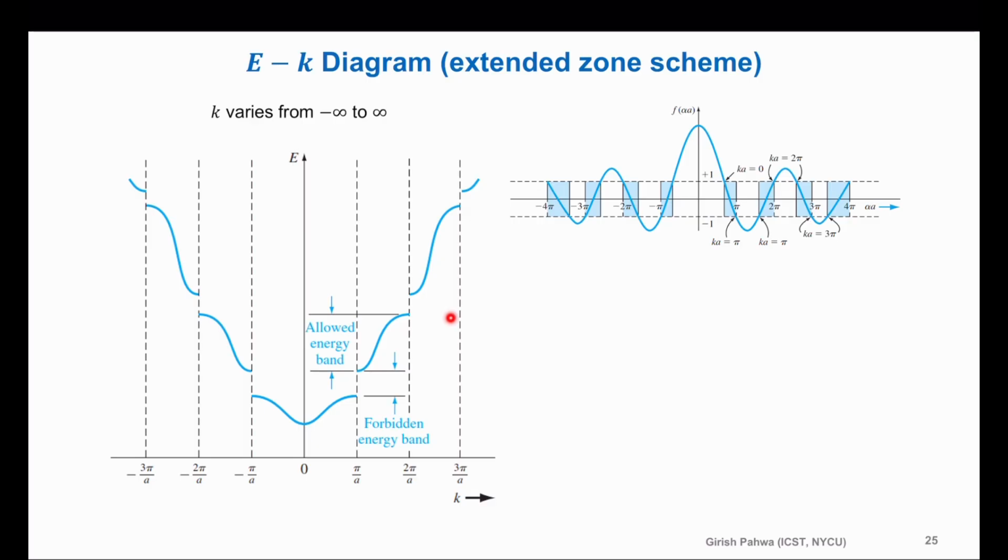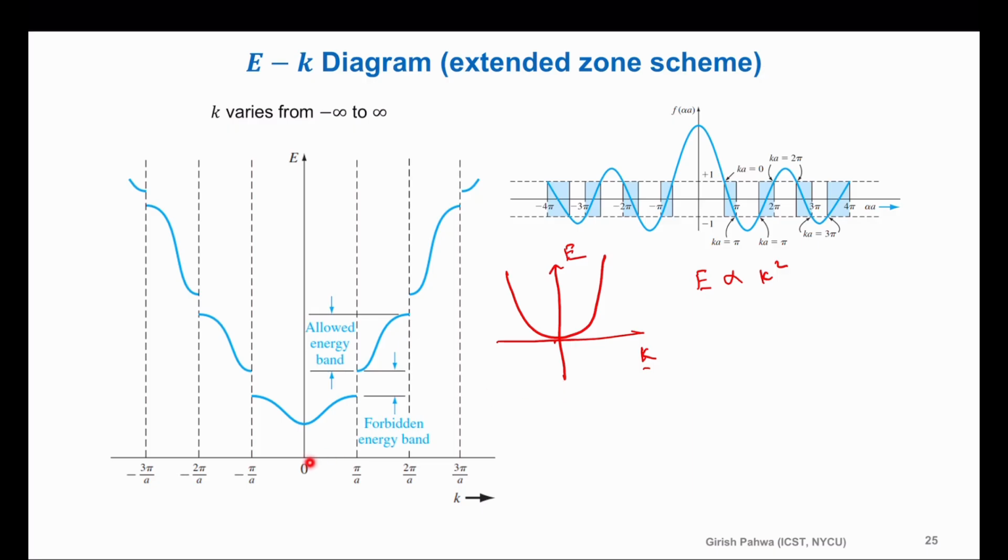Now this is the dispersion relation. It looks a little similar to the free particle EK diagram. The free particle EK diagram was this, and E was proportional to K squared, h squared K squared by 2m. At K equal to 0, E was equal to 0.